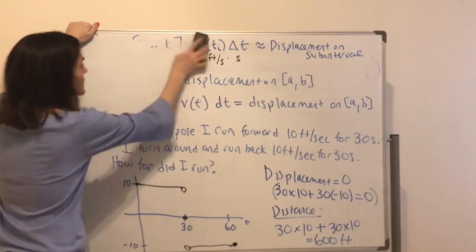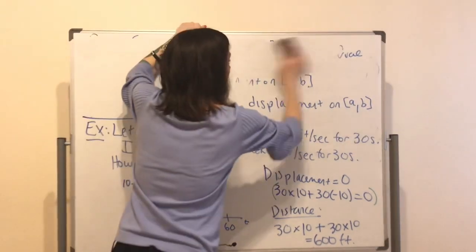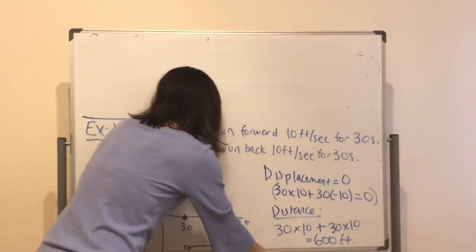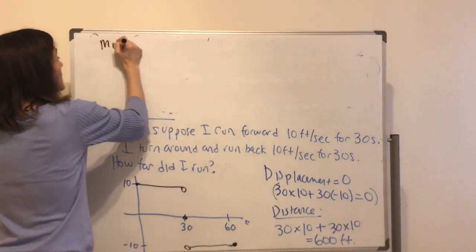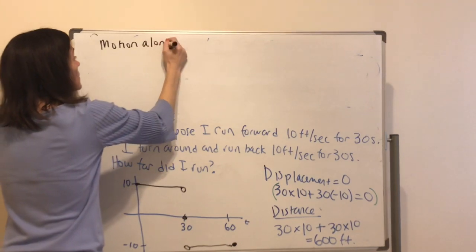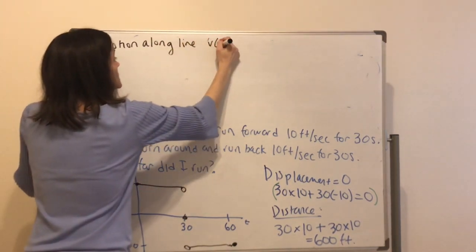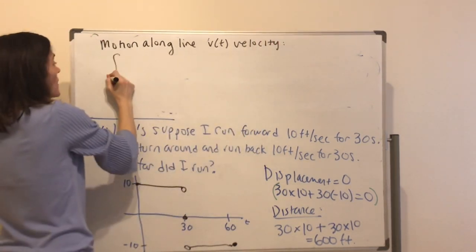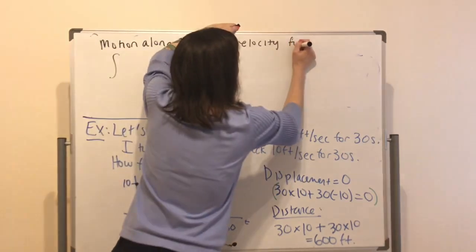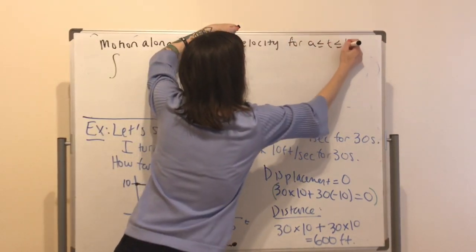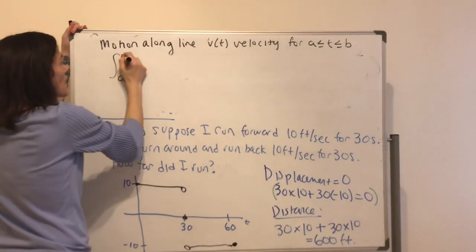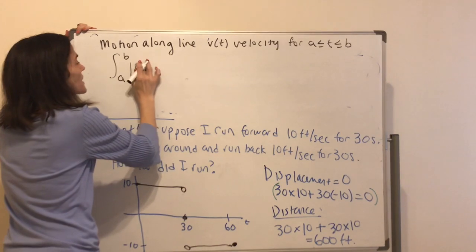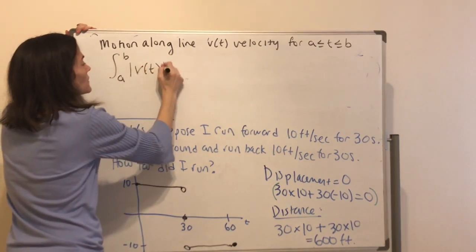So if you have, let's write it down, motion along a line, and v of t is velocity, then for a less than or equal to t less than or equal to b, you integrate a to b of the absolute value of v of t dt.